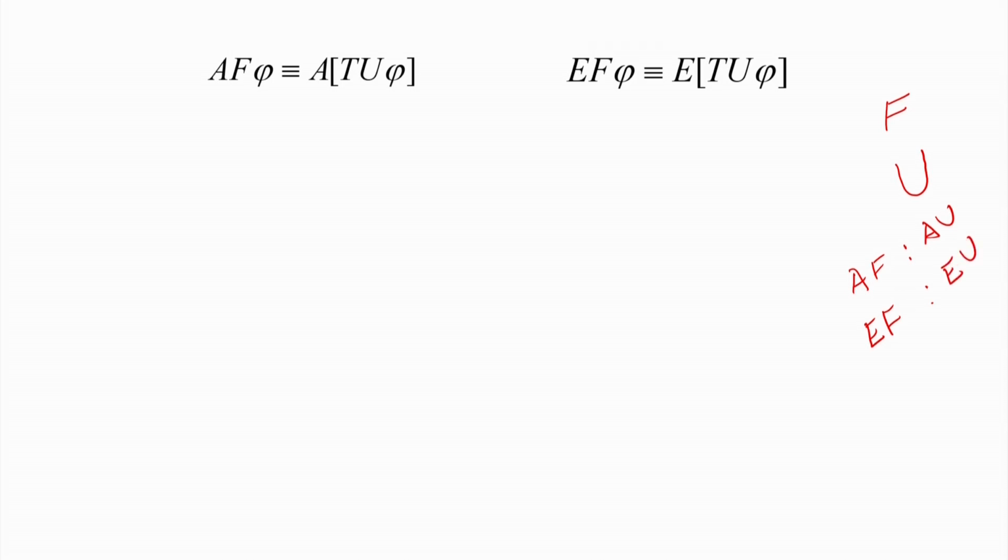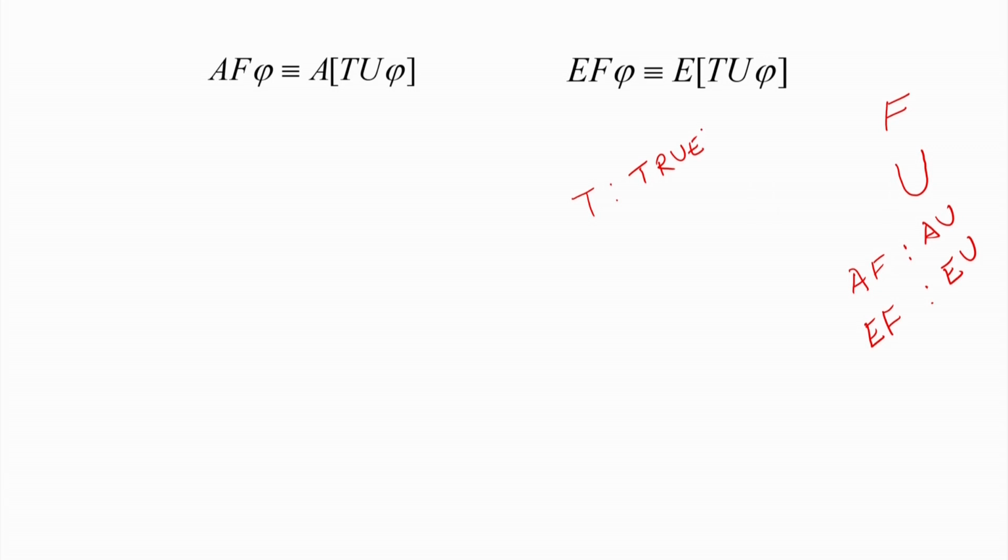Now, what we are saying is that A F phi is equivalent to, in all paths, T until phi, or E F phi is equivalent to E T until phi. Now, what is T? T is nothing but the truth value true.